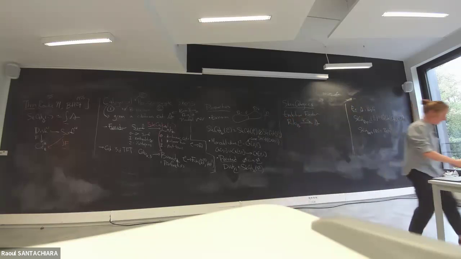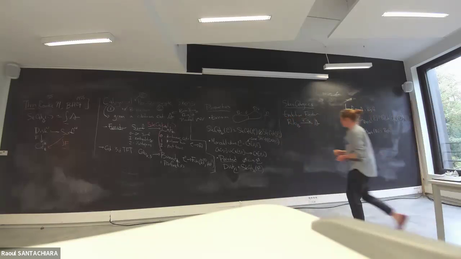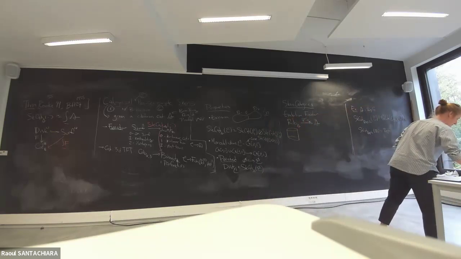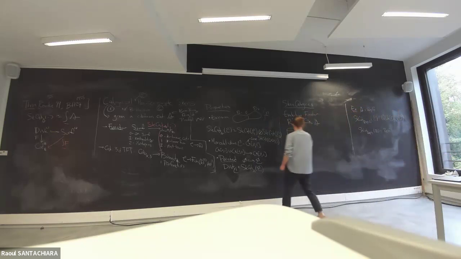So let me change colors because I'm doing that in a while. So this is going to be a category whose morphisms are going to be embedded graphs. So maybe I have some graph embedded like this.